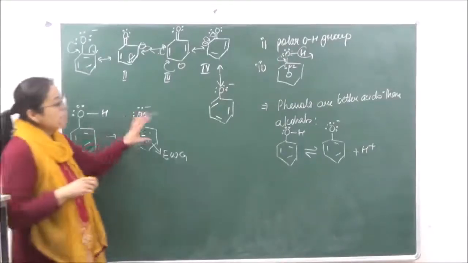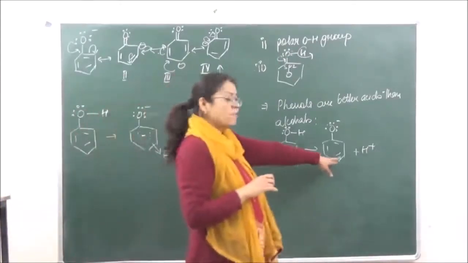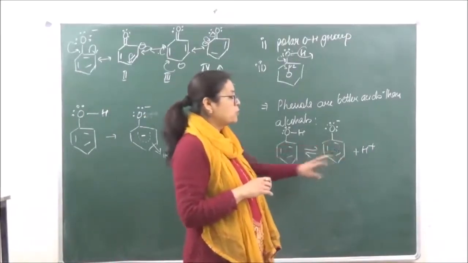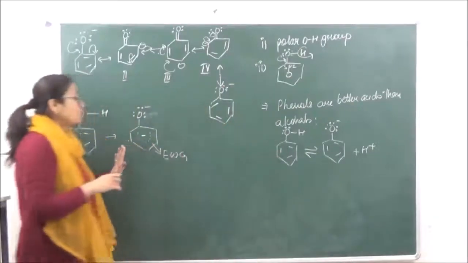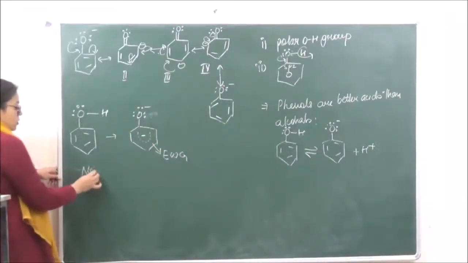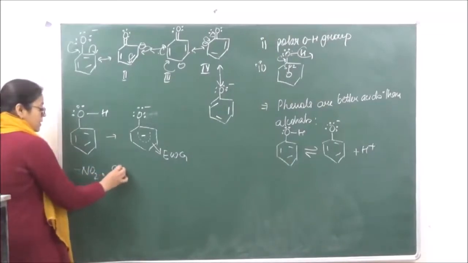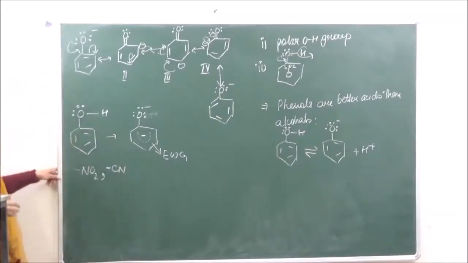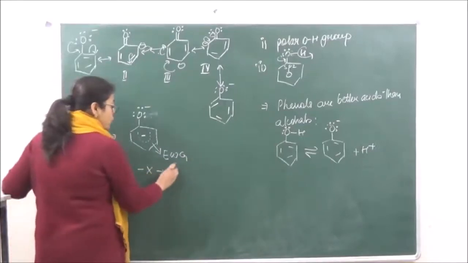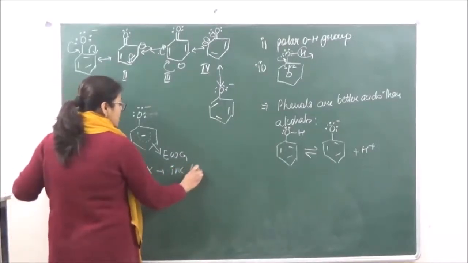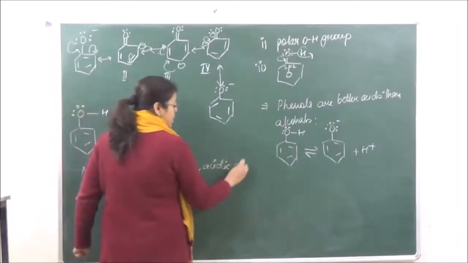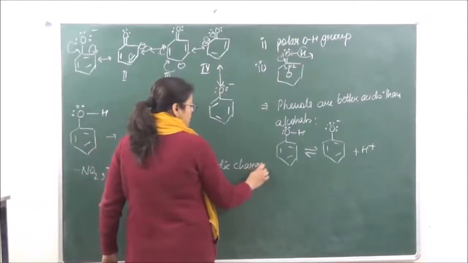If it becomes more stable, then this reaction will proceed forward, isn't it? So if this reaction is going to proceed forward, the electron withdrawing groups such as nitro, cyano, halogens are going to increase the acidic character of phenol.